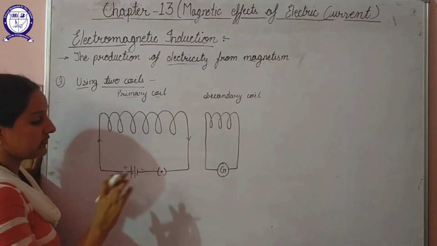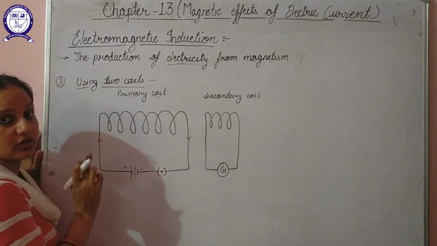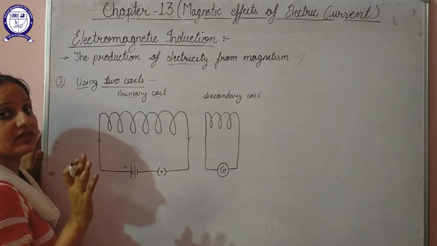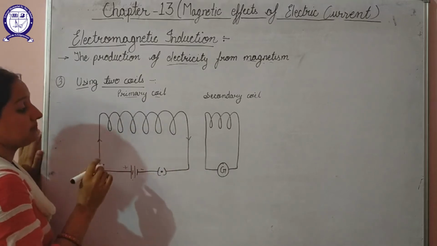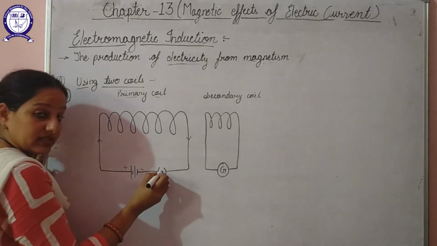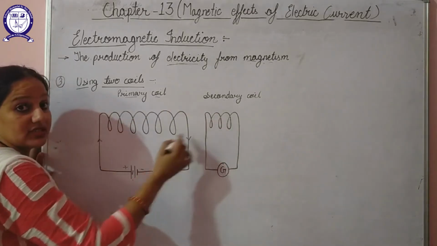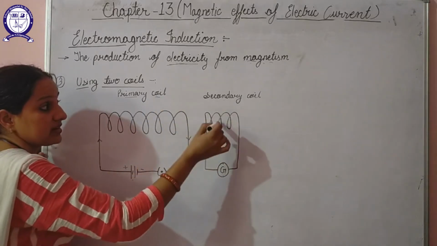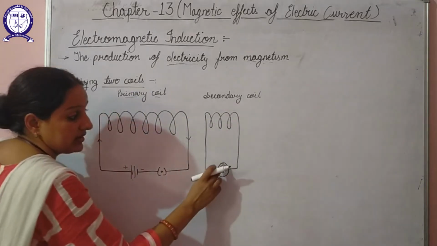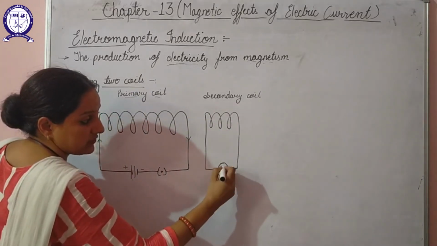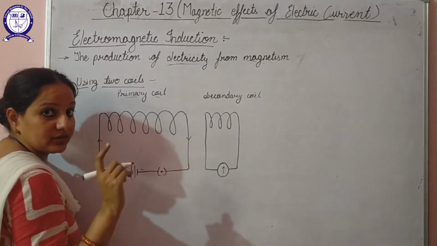We all know that whenever current flows through a coil, some magnetic field is created around it. So when we turn on the key, current will flow and its magnetic field will be generated. When this magnetic field comes in contact with the secondary coil, in the beginning, when no current was flowing, the galvanometer was pointing towards 0.